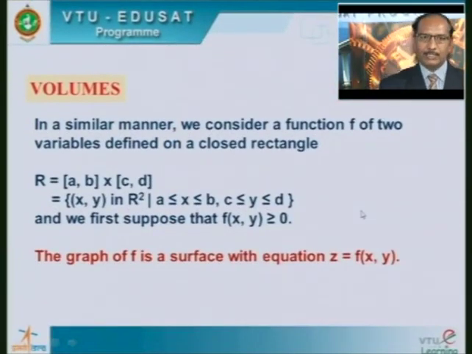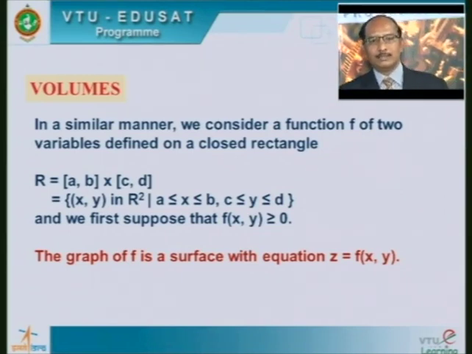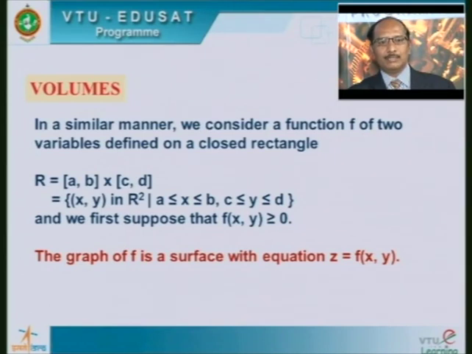Now after knowing the concept of how the definite integral was evaluated using the Riemann sum, dividing the interval along the x-axis into n subintervals and then taking that sum to infinity, that gives the meaning of the definite integral. The same idea we can extend to double integrals. In a similar manner, we consider a function f of two variables.